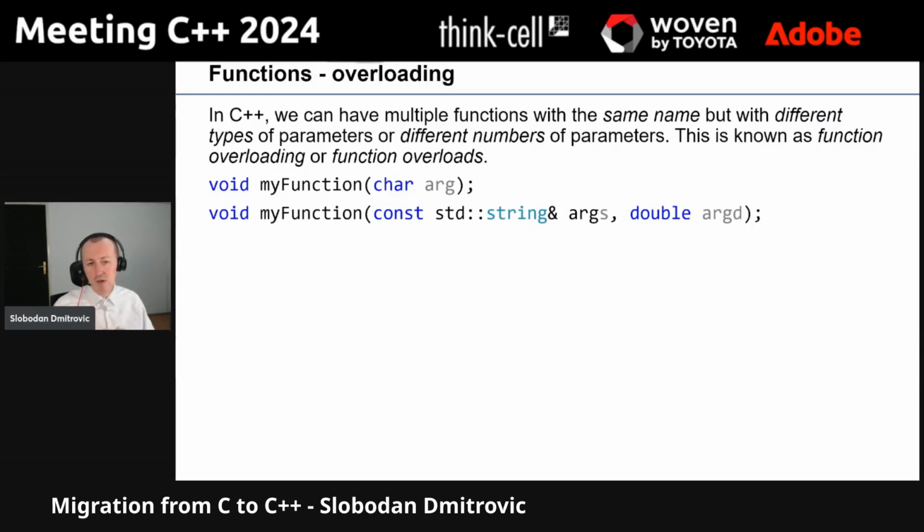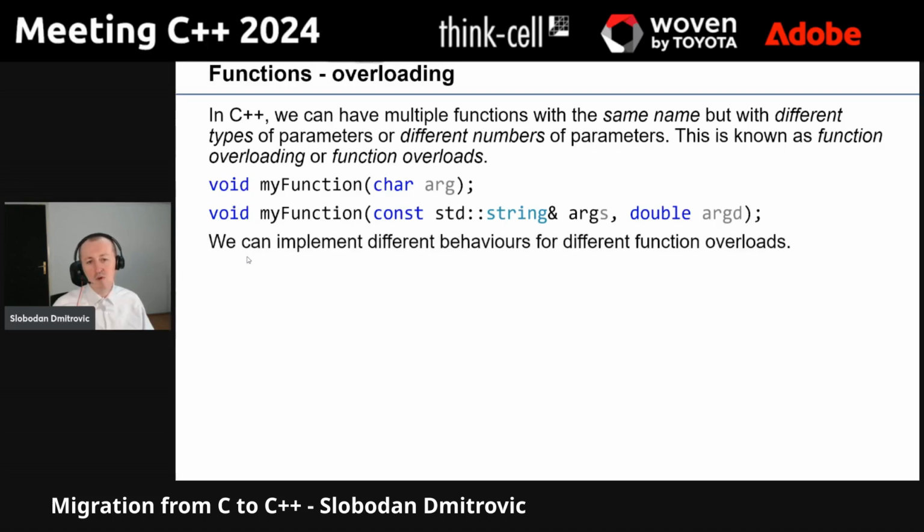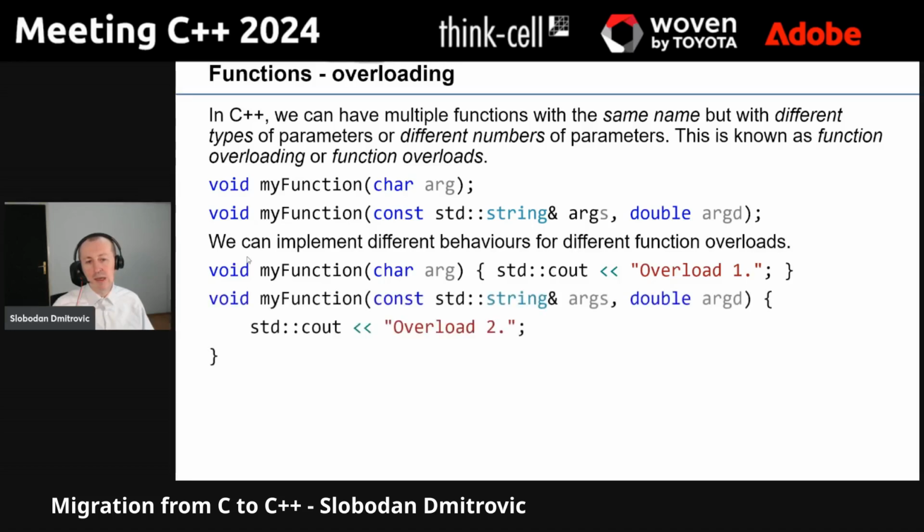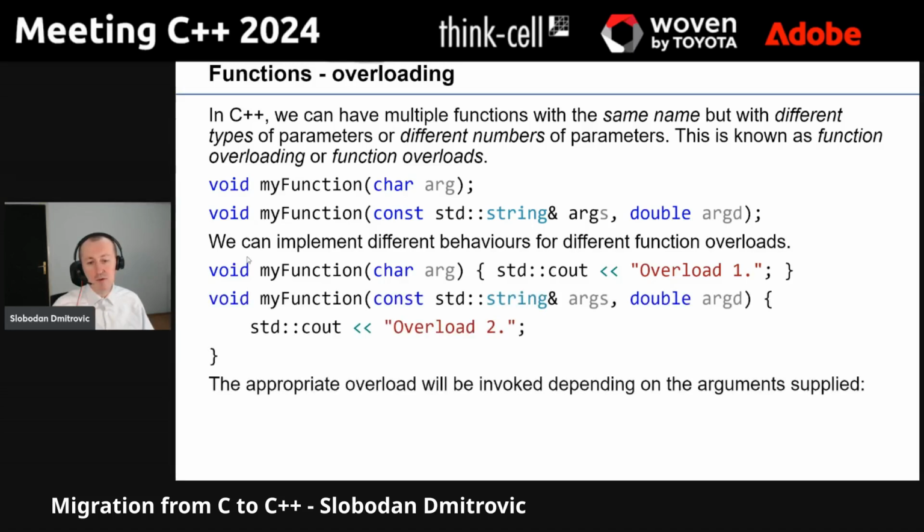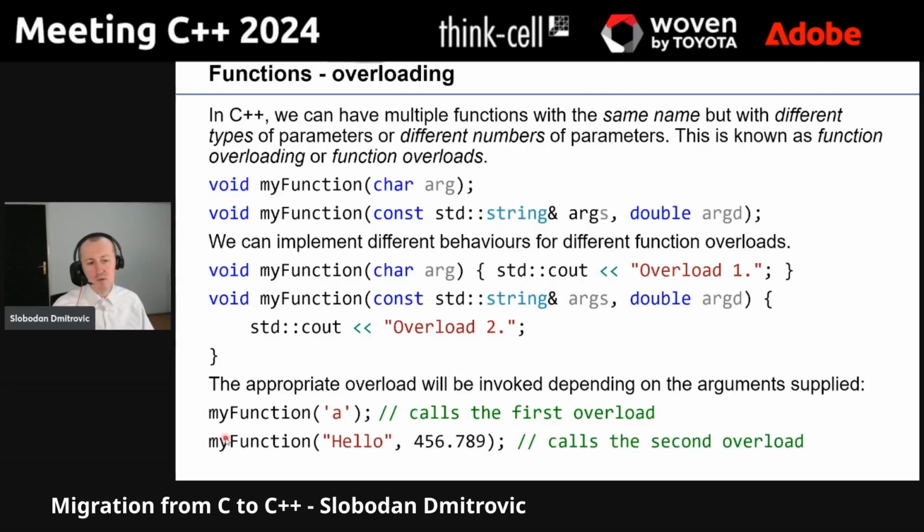And it's quite widely used, both for freestanding functions as in here and member functions inside a class. This allows us to implement completely different behavior of a function, and depending on the arguments applied, the appropriate overload will be called. In this case, we are calling this overload, and in this case, we are calling the second overload. So it's a very, very powerful feature.